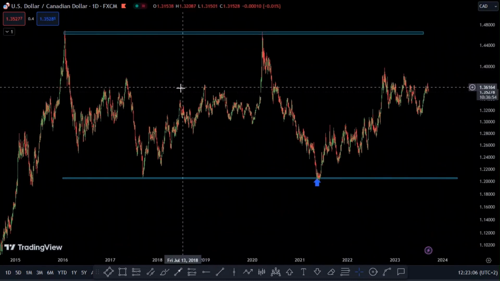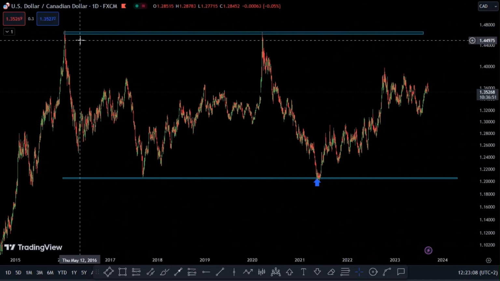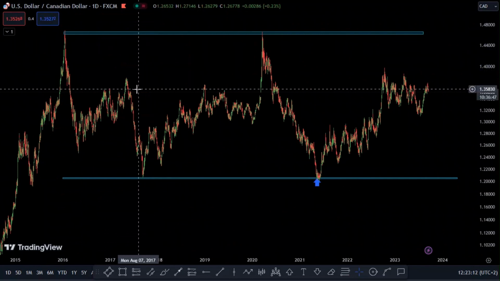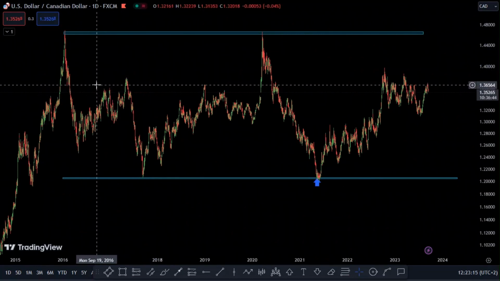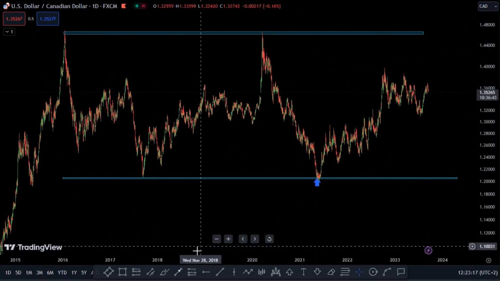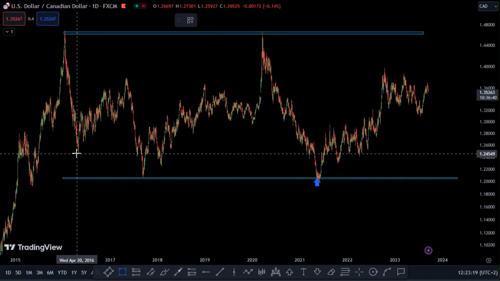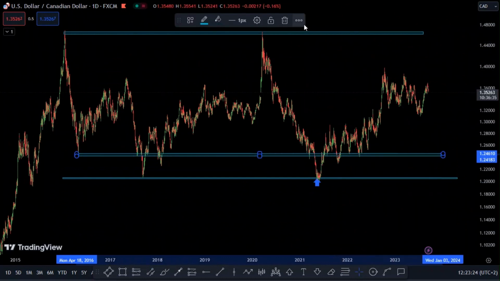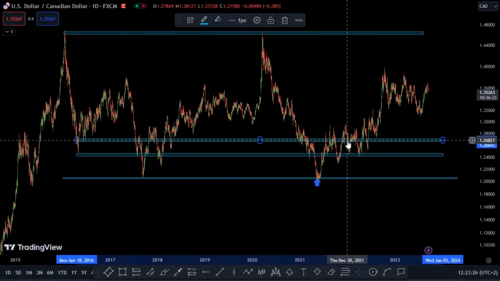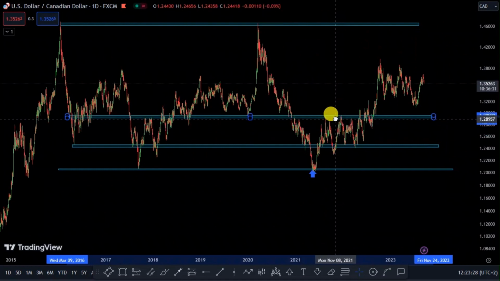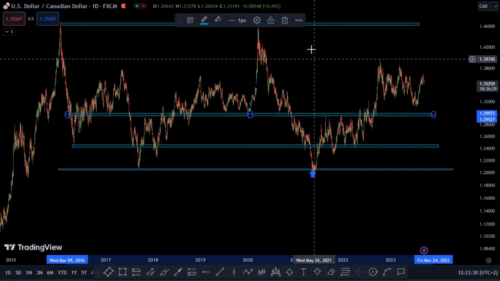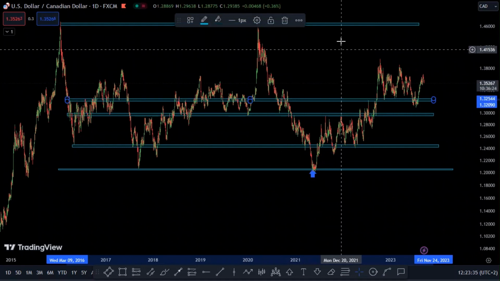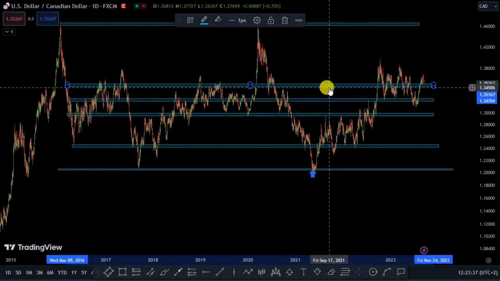So the only thing that's left for us to do is to look for our key chart levels. Basically we can see that we have a sensitive area here, which is our key chart level, and then we also have another sensitive area at this point, and here is another one.